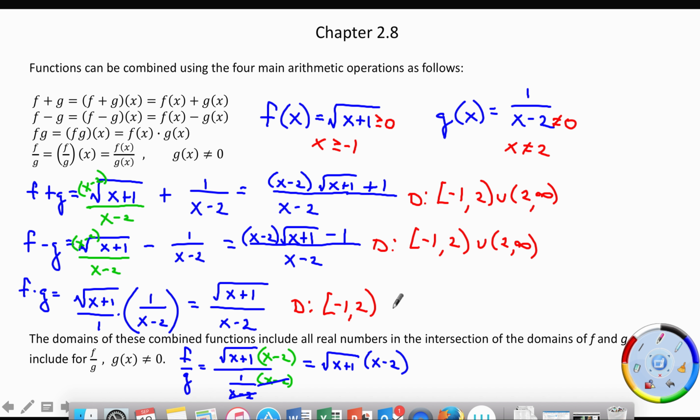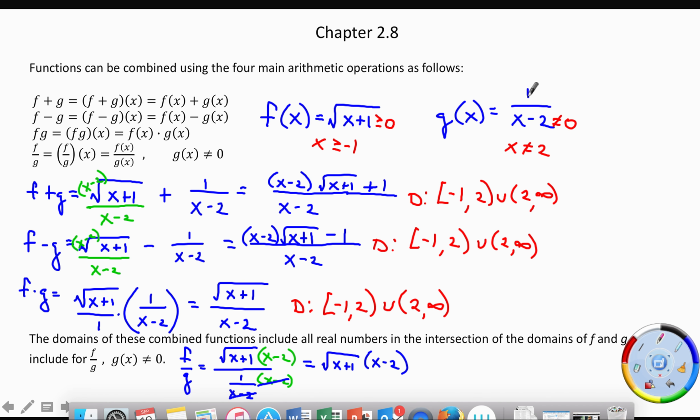-1 to 2 or 2 to infinity, with the exception of this one. Remember, I've got to go back and consider the fact when g of x equals 0 and account for that. In this case, g of x cannot equal 0. Remember, what makes a fraction equal 0 is when the numerator is 0.